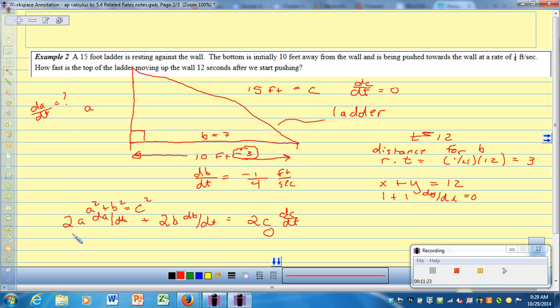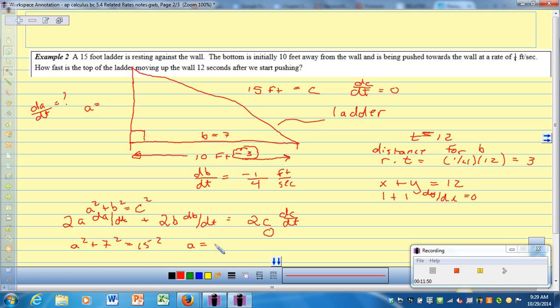So now, back here, I'm going to need A. I'm looking for dA/dt. I'm going to need B, and I have the dB/dt. So how am I going to get my A? Pythagorean theorem at this point in time. So we are going to do A squared plus 7 squared equals 15 squared. Solve that for me, please, and give me a decimal.